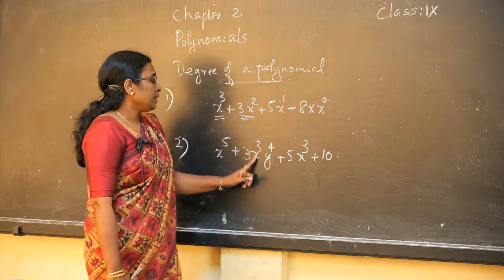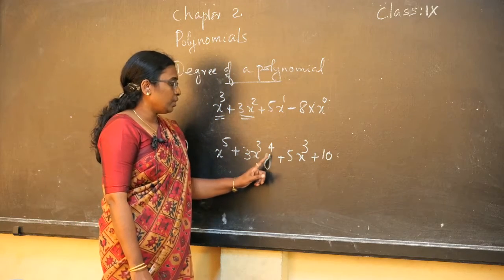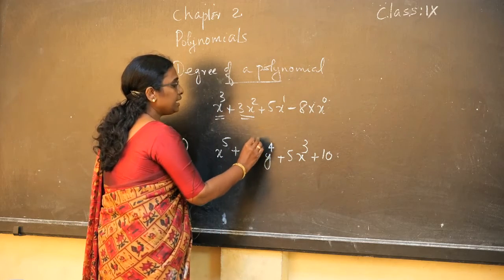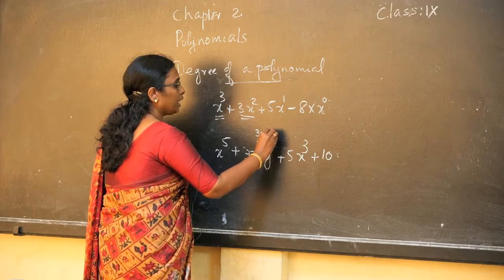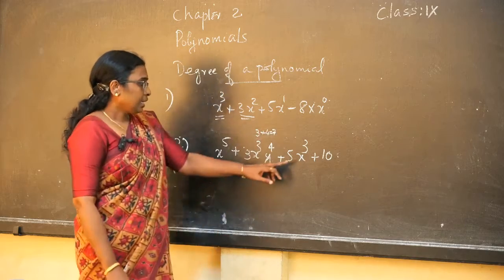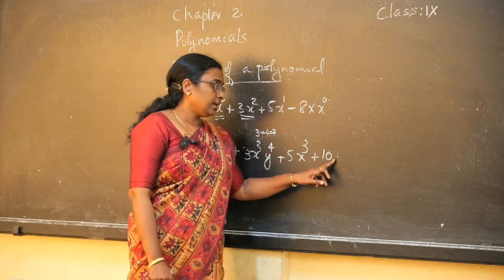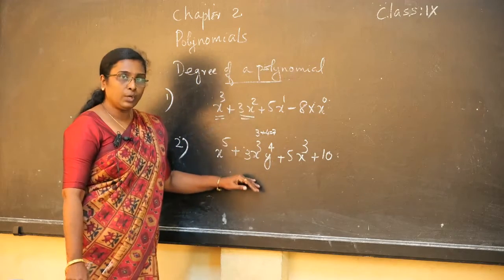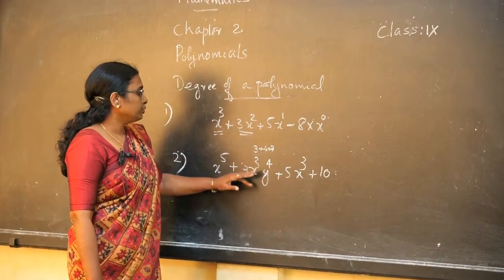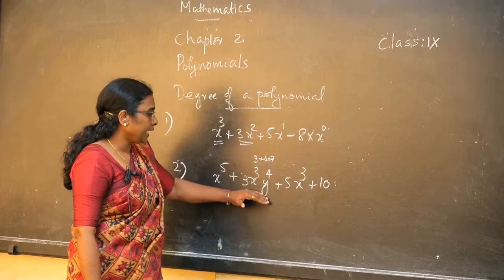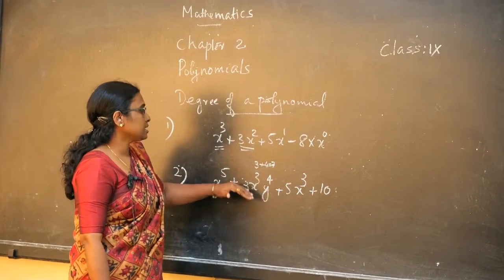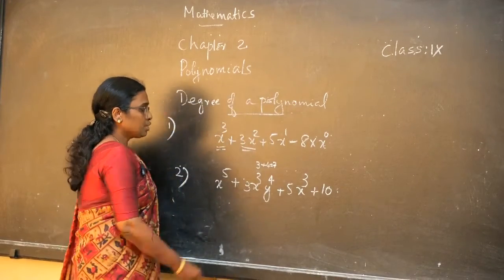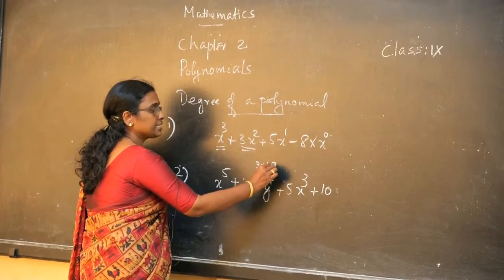Here the exponent of x cube is 3 and the exponent of y raised to 4 is 4. So you add these exponents, 3 plus 4 equals 7. Here the exponent is 3, here the exponent is 0. In this case, the degree of a polynomial is the highest sum of exponents of the variables. So here the degree is 7.